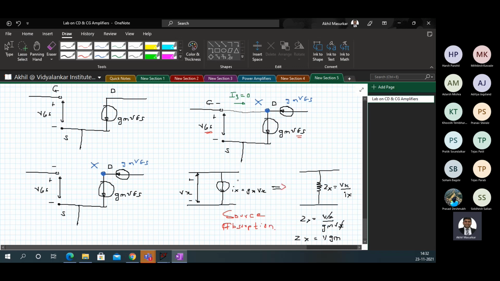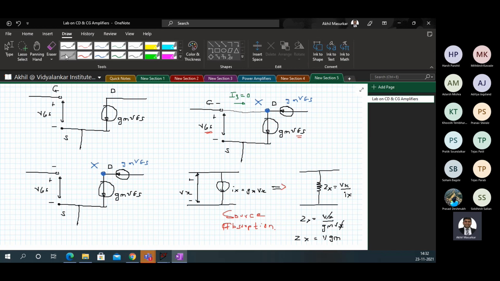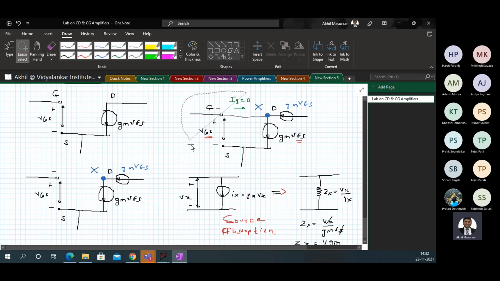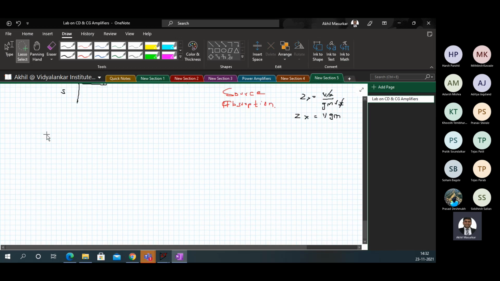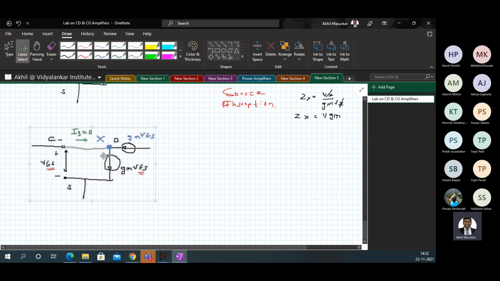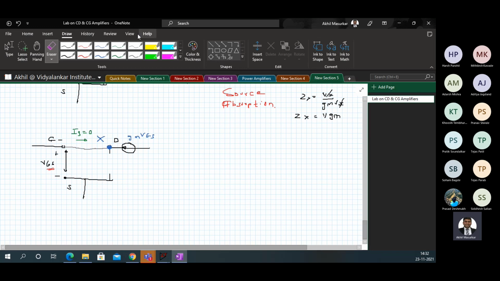Now something similar we have here. We can replace this current source by an impedance, and the value of this impedance is 1 by gm.